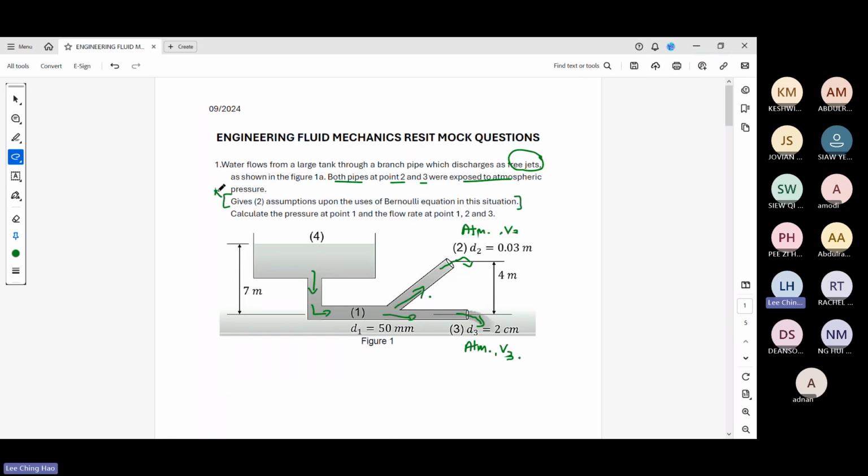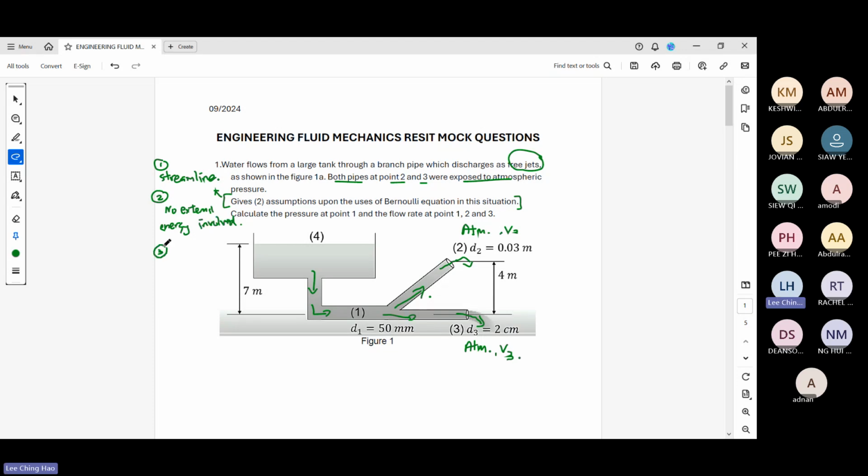The 5 assumptions will be: the flow must be in a streamline. I just write the key points, because for the complete answer you need to search your slides. I can't remember if it's 4 or 5, I think 5. First one, the flow must be in streamline. Second one, no external heat involved.